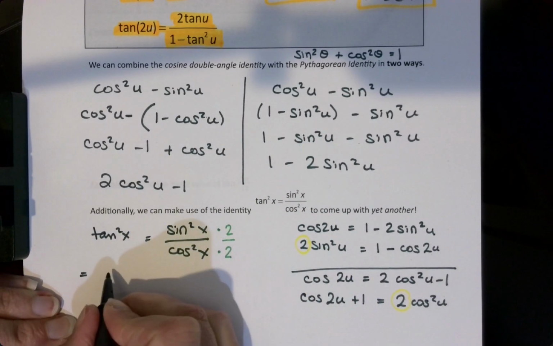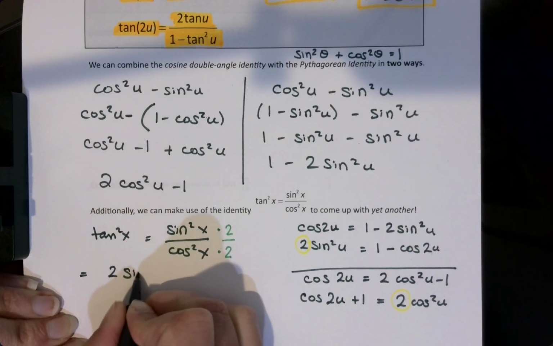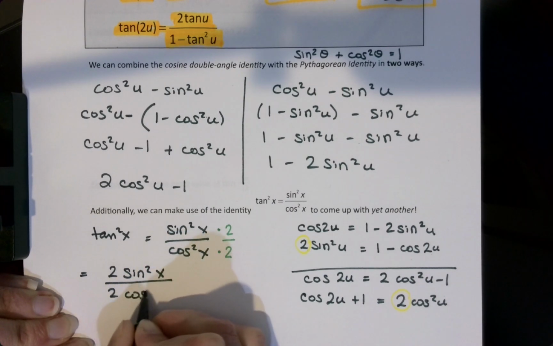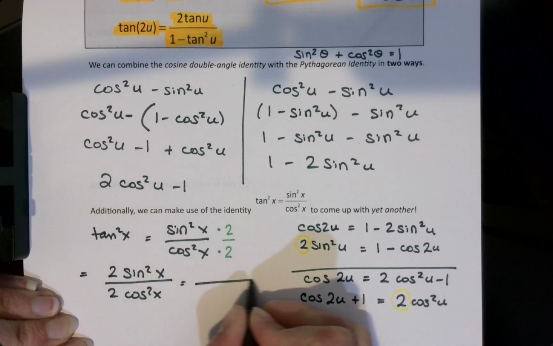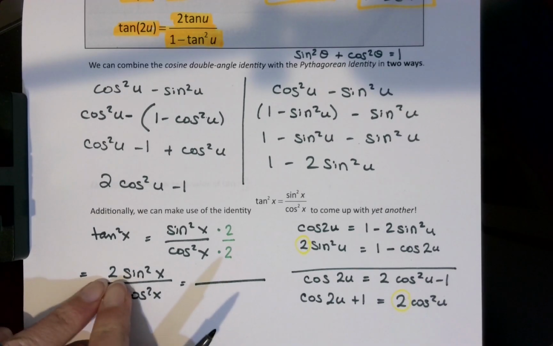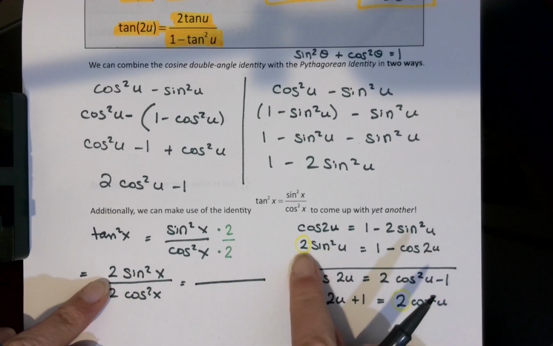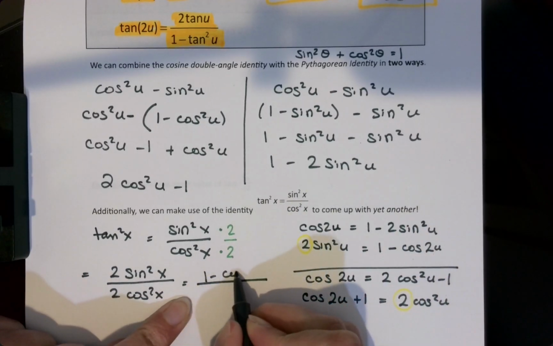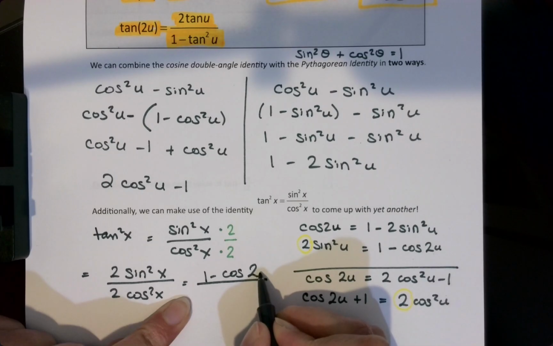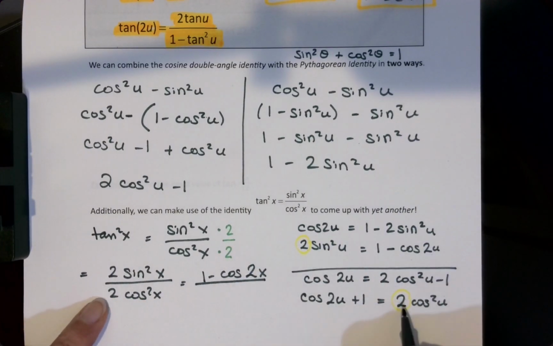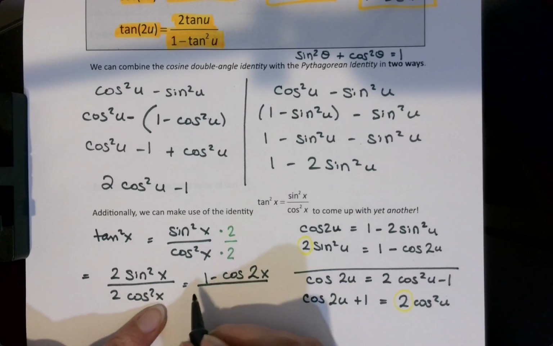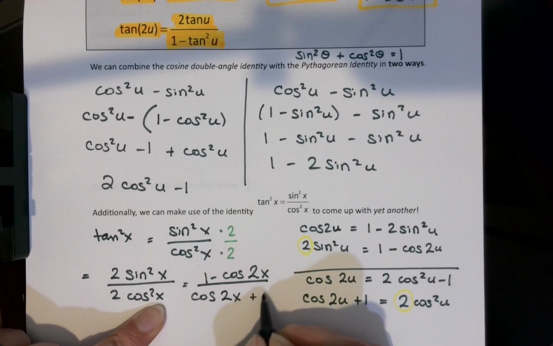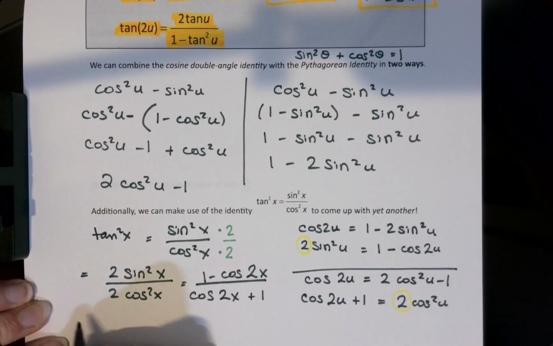So we'll do that first. That gives me 2 sine squared x over 2 cosine squared x. And so 2 sine squared x is equal to 1 minus cosine of 2x, and 2 cosine squared x is equal to cosine of 2x plus 1. So let's rewrite this here.